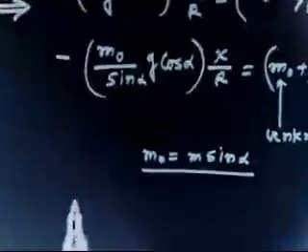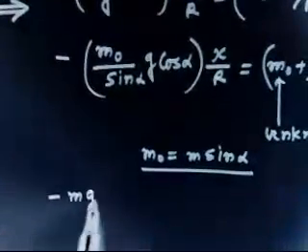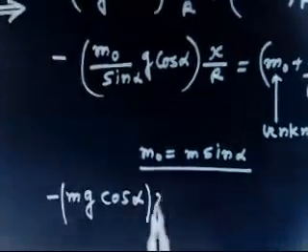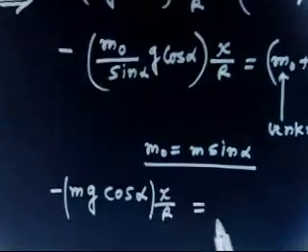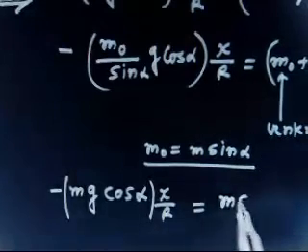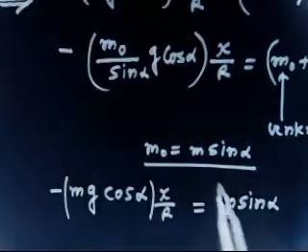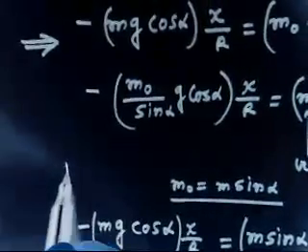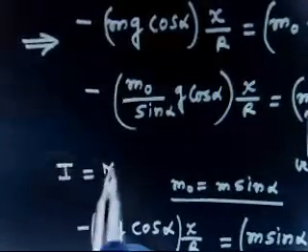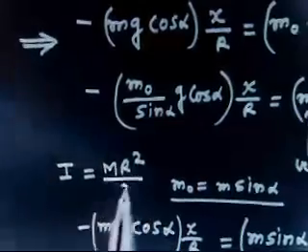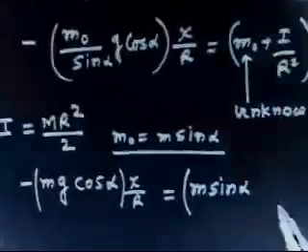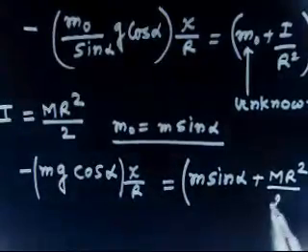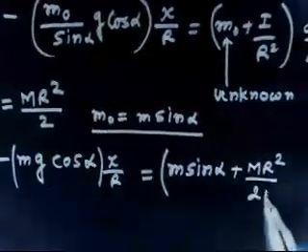So I can write minus mg cos α into x by r is equal to, with m₀ as m sin α, and the disk has a moment of inertia. This is a solid cylinder, so the moment of inertia will be mr² by 2. I can plug this value here, so mr² by 2 over r², so r² cancels here.